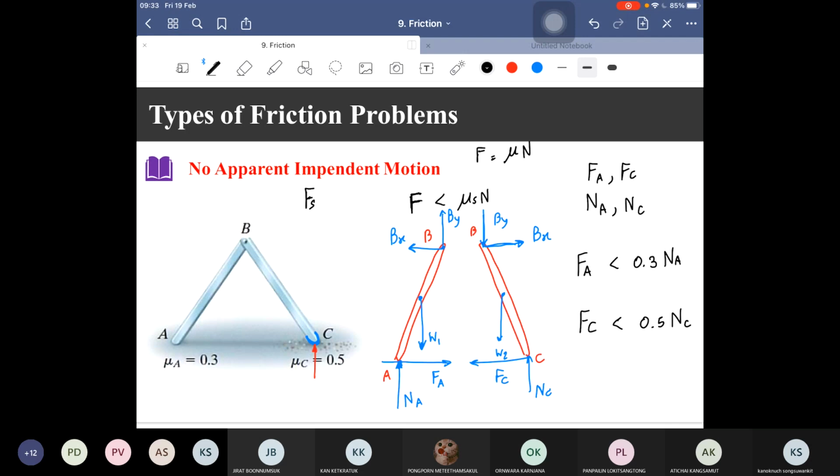Okay, sometimes it can be equal. If it does exactly reach the maximum point, it's not moved yet. Okay, but it's in a critical state of movement.